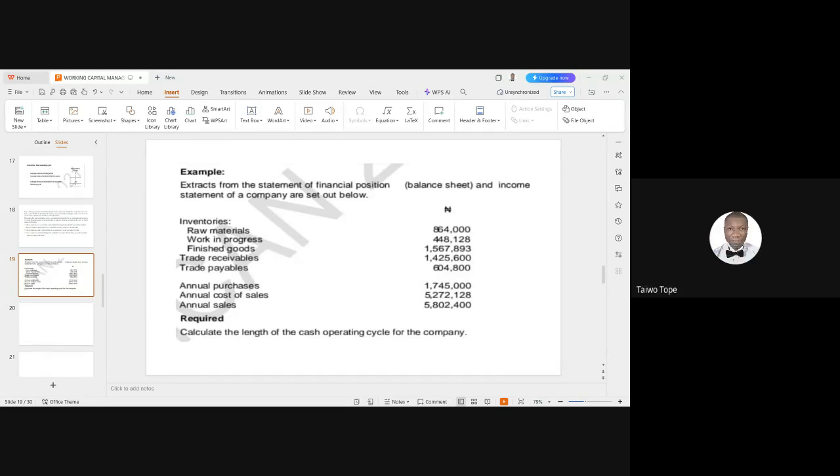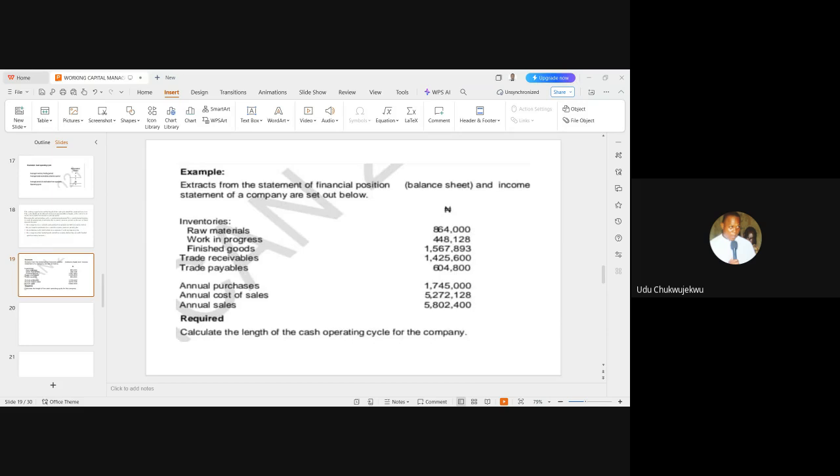Okay. All right. I thought we would start with that raw material turnover now. Yes, you can guide us, sir. Raw material turnover. You told us we should first of all look for the average raw material inventory, over the annual purchases.